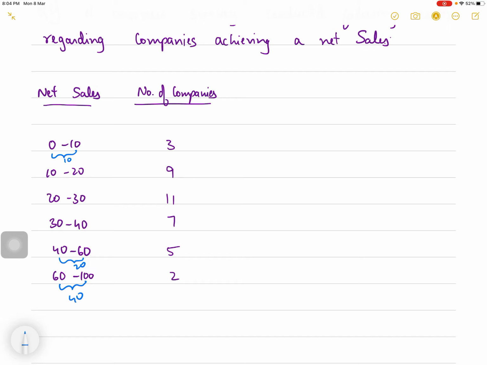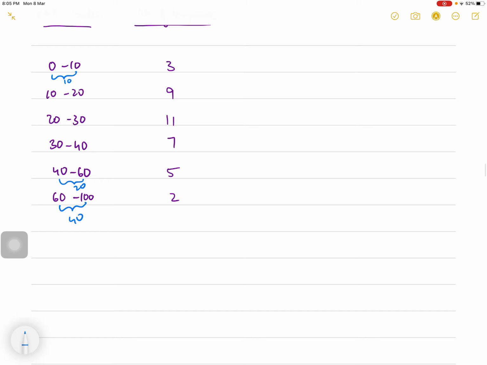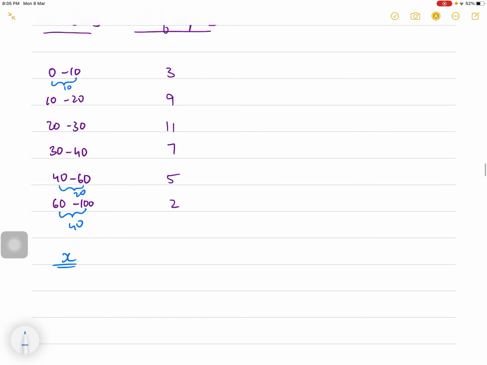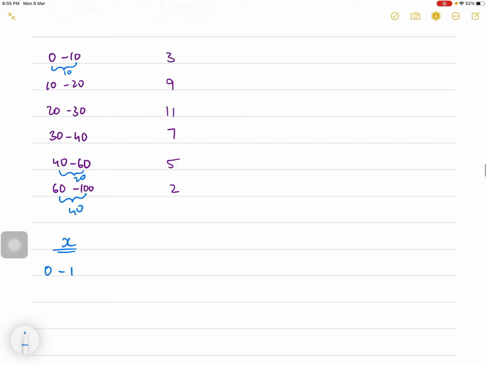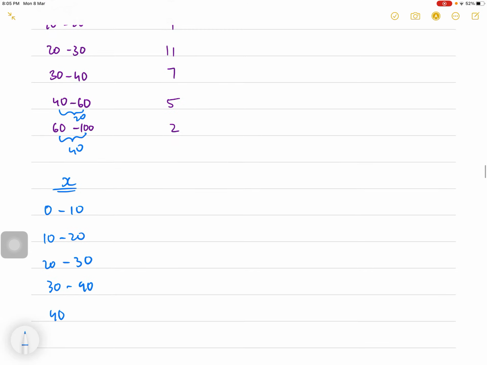So we will solve using the deviation method, which is also called the shortcut method. My net sales, which is X, is 0 to 10, 10 to 20, 20 to 30, 30 to 40, then 40 to 60 and 60 to 100.